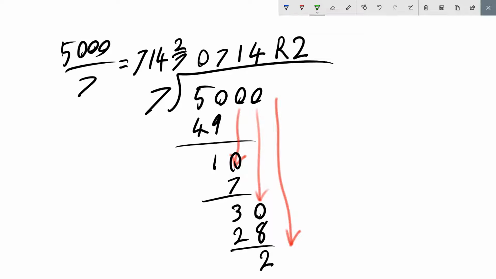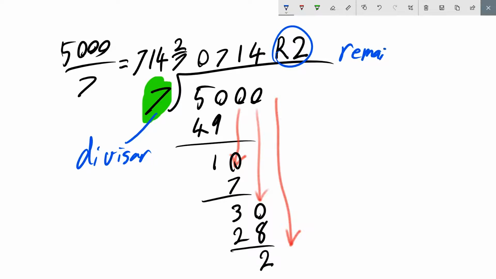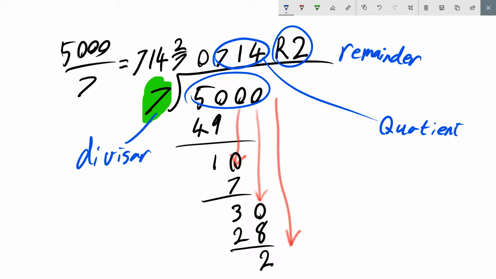Now, there is some terminology here. So this number 7 here, that is the divisor. This here, we've talked about it already, that's the remainder. This number here, 714, that is the quotient. This number here is the dividend.